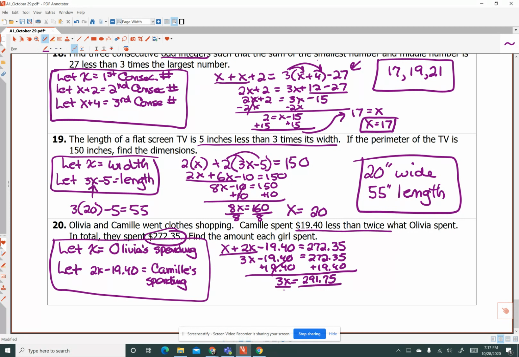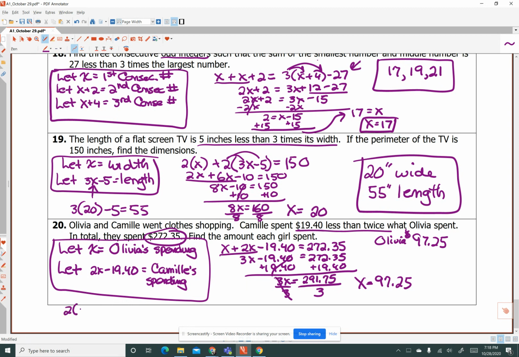We'll divide both sides by 3, and x equals, it looks like, $97.25. So that's Olivia. Olivia spent $97.25. Now we have to substitute to get Camille's spending.